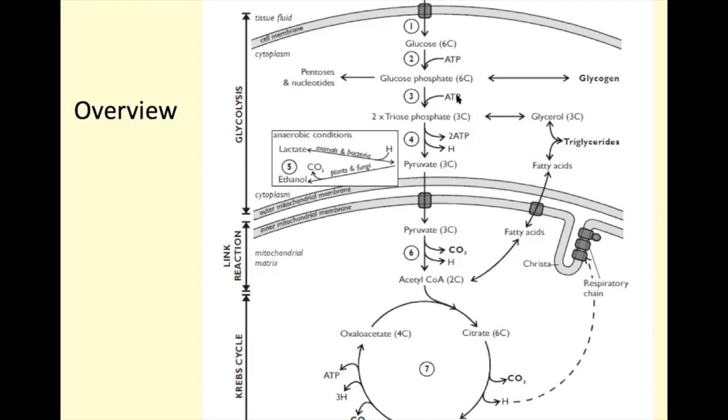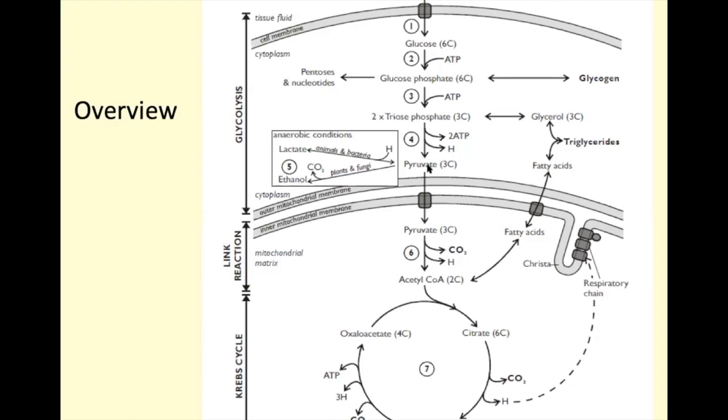And then we've made 2 triose phosphate. We used another ATP. And then we've made pyruvate and we've yielded ATP. And to be honest, that looks like we've yielded the same that we've used, but that is not the case. And we've yielded some hydrogen.